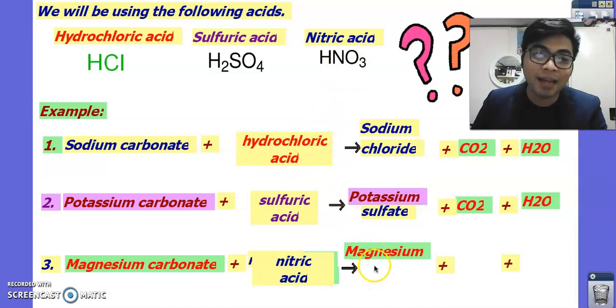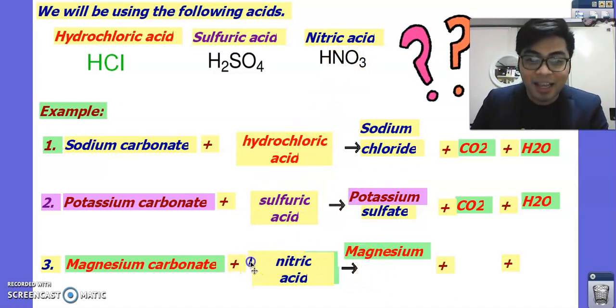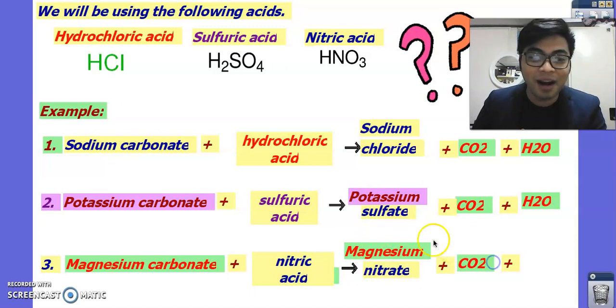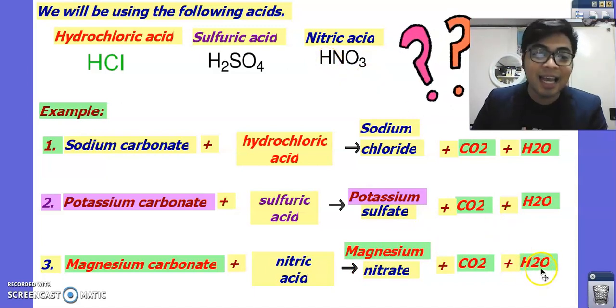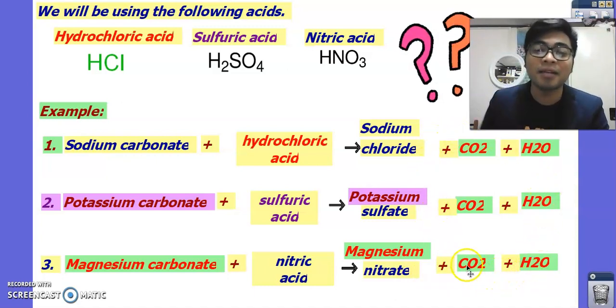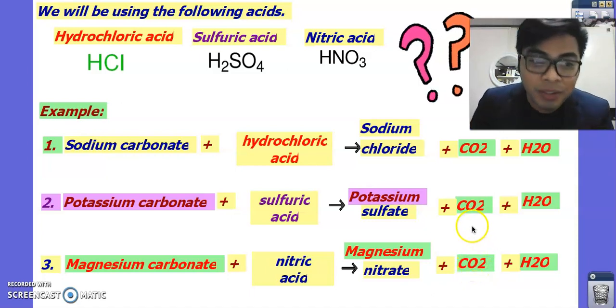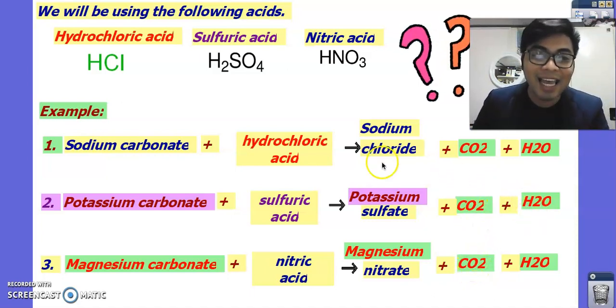Very good, magnesium nitrate. Plus we get carbon dioxide from the carbonate and hydrogen from the nitric acid, and oxygen from the carbonate. Therefore, our product will be carbon dioxide plus water. Notice that in all of the chemical reactions, we always release carbon dioxide and water.